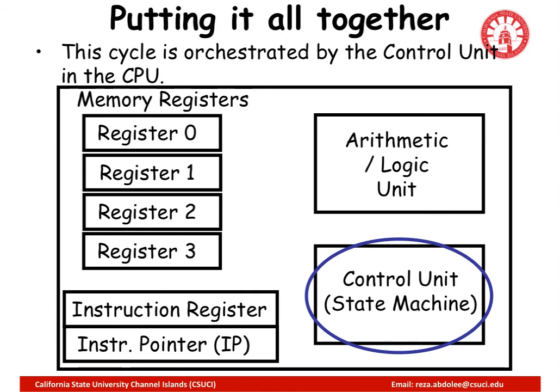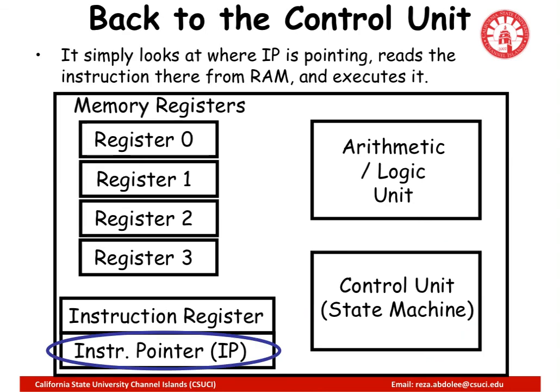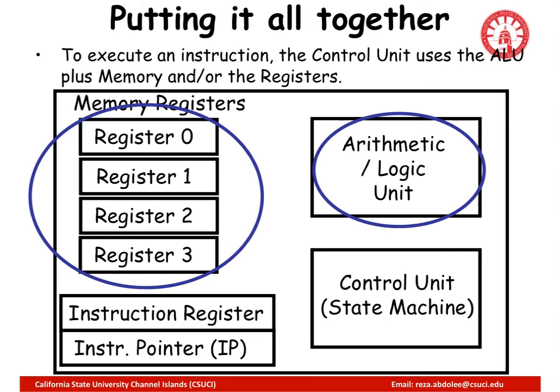This cycle of reading instructions from memory and executing them is orchestrated by the control unit within the CPU. The CPU simply looks at the instruction pointer, sees where it is pointing, reads the instruction there from the RAM and executes it. To execute an instruction, the control unit uses the ALU plus memory and or the memory registers within the CPU. This concludes Lecture 1, Part 1.